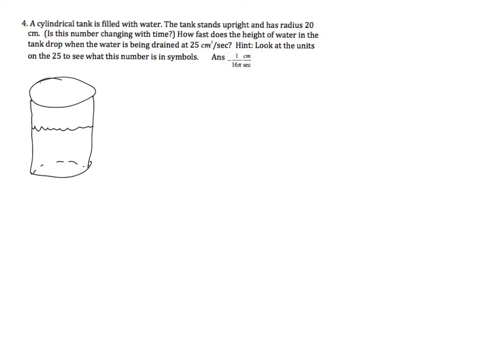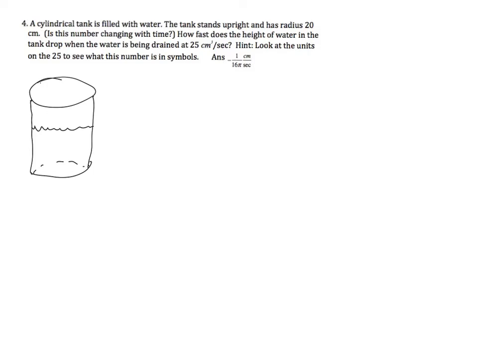Remember when I put labels on my picture, I put numbers on things that are not changing and letters on things that are changing. Okay, so the tank stands upright and it has a radius of 20 centimeters. And what we're talking about is the height of the water in the tank. So it's not like the tank itself is expanding and shrinking.